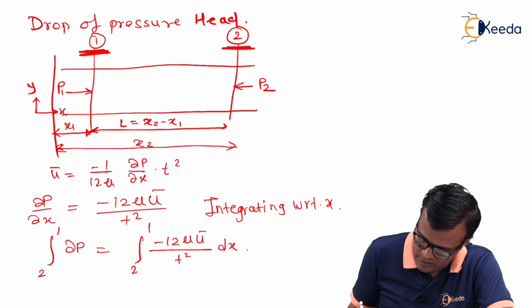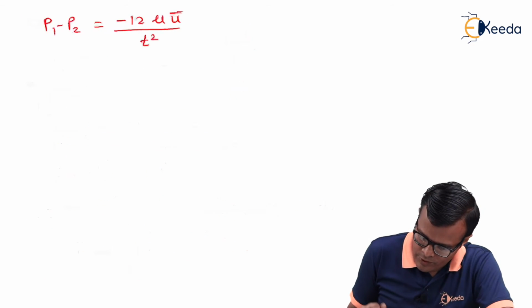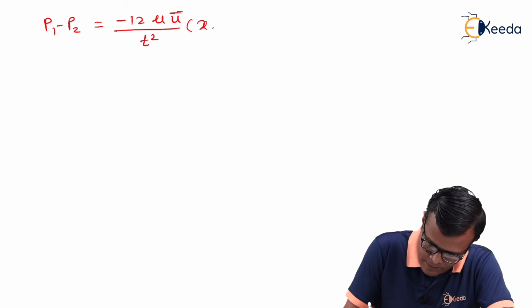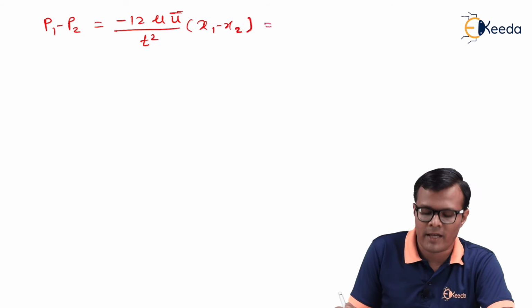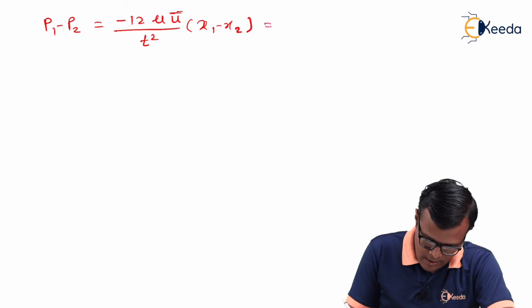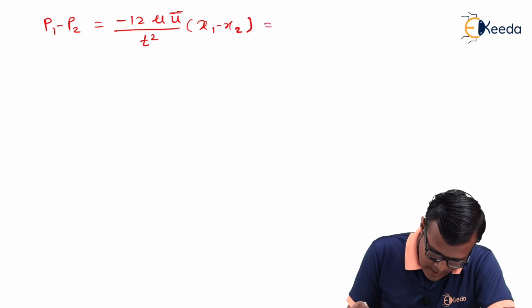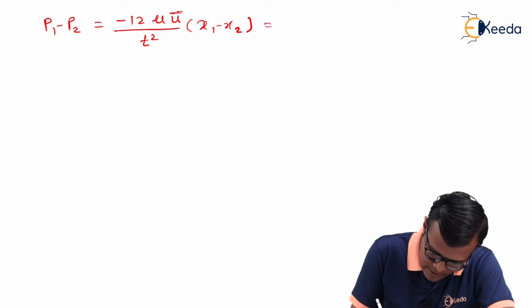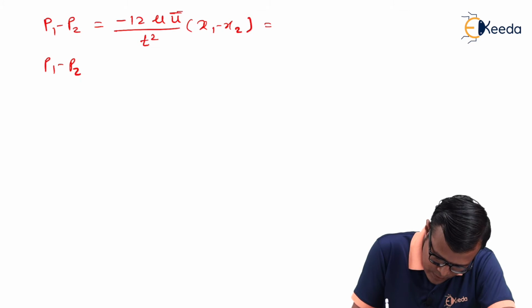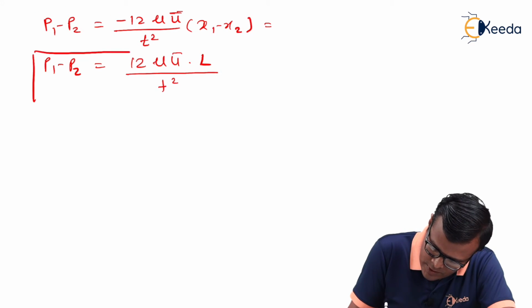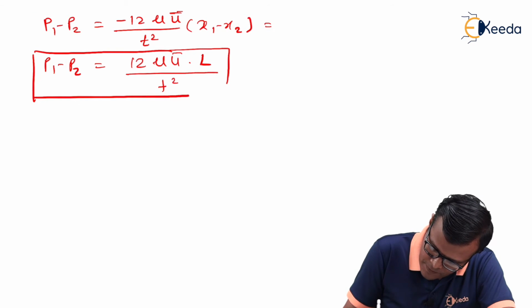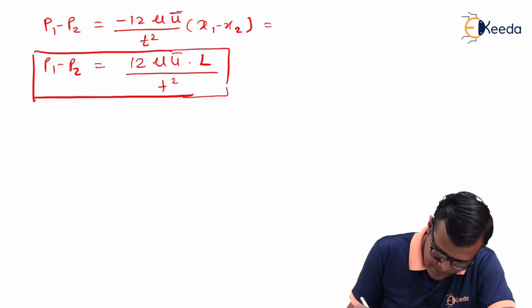So putting these relations 1 and 2, we have value as x1 minus x2. But we know that x1 minus x2 is nothing but the L having minus sign. So we will absorb that minus sign in writing. So p1 minus p2 is equal to 12 mu u bar into L upon this t square. So this is the very important relation.